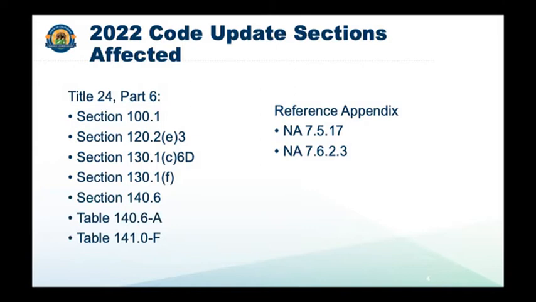They include section 100.1, section 120.2E3, section 130.1C6D, section 130.1F, section 140.6, table 140.6-A, and table 141.0-F. And in the reference appendix, section NA 7.5.17 and NA 7.6.2.3.